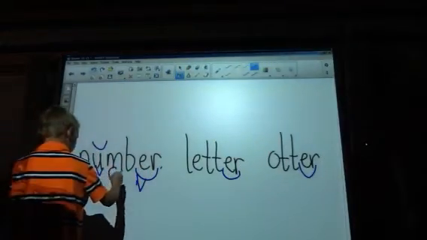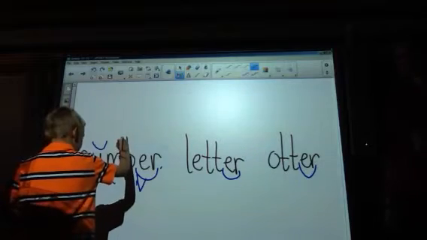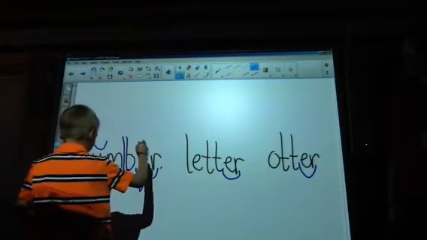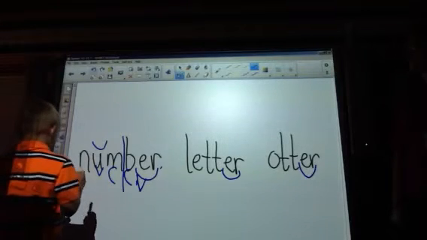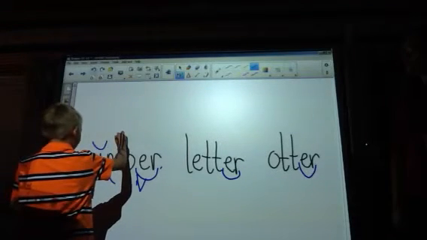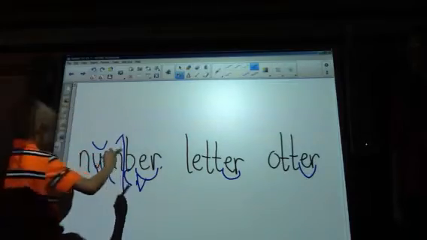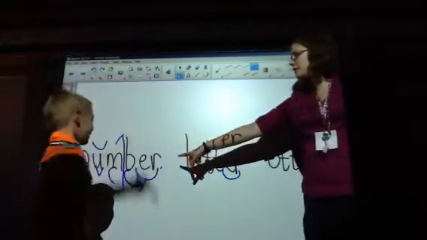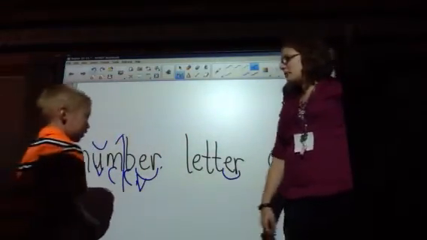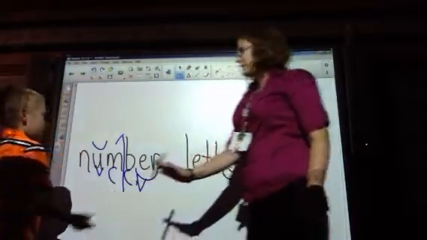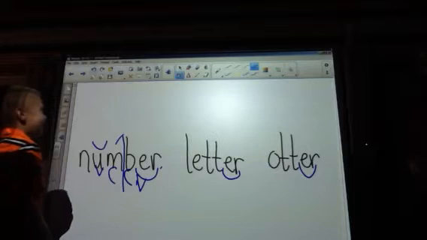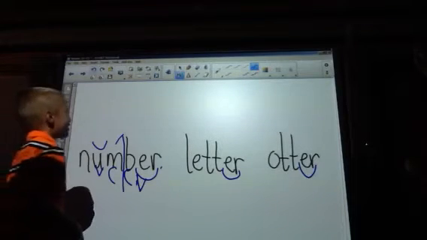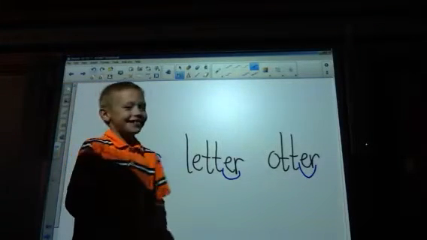Okay, then your consonants between, and then divide it. Very good. Yep, we're not going to do anything to the E because it's already got the arc. You got one more thing you need to do. Okay, so what is that word? Number. Can you use that word in a sentence? I love the number 1. Very good.